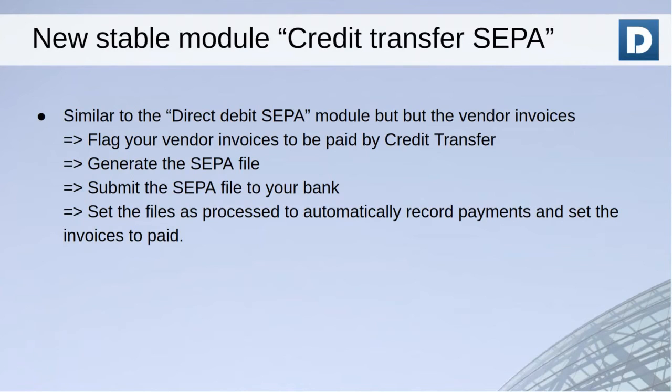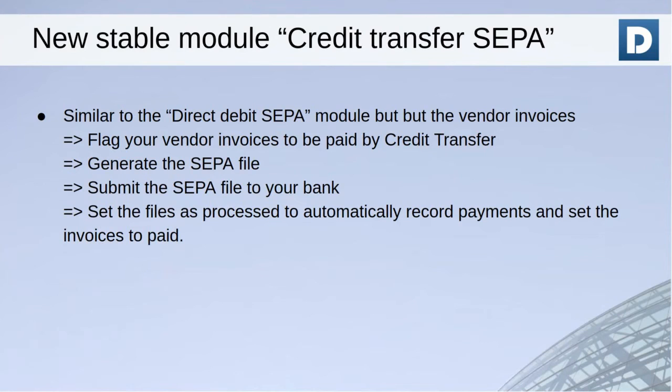It is a module you can enable to generate a SEPA file. Then you send the file to your bank, and your bank will make a direct debit of all your customers to pay all your customer invoices.